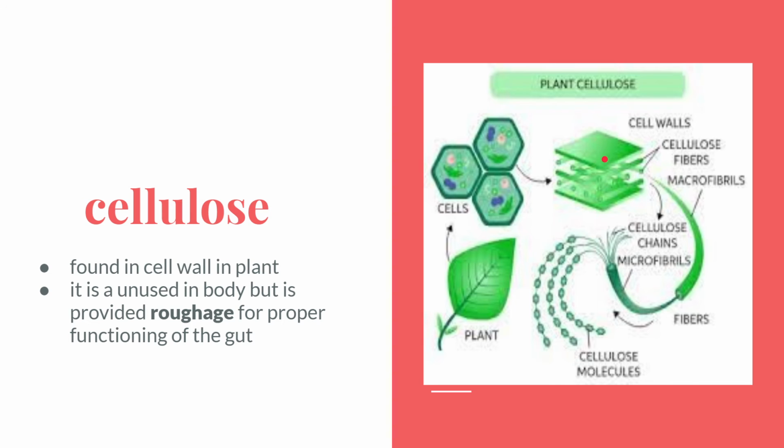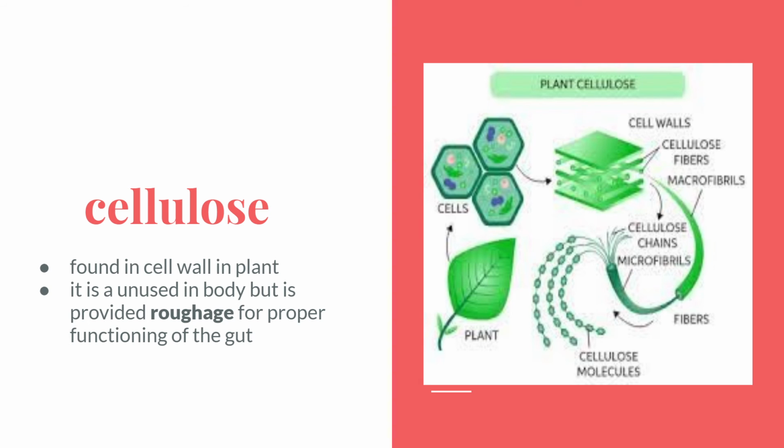See, cell wall ke in between it is, right? So it is unused in body, but it provides roughage. Now roughage kya hai? Roughage for proper functioning of the gut. Okay, gut. I think you might have understood what is gut here. So it's actually not useful but it provides roughage.